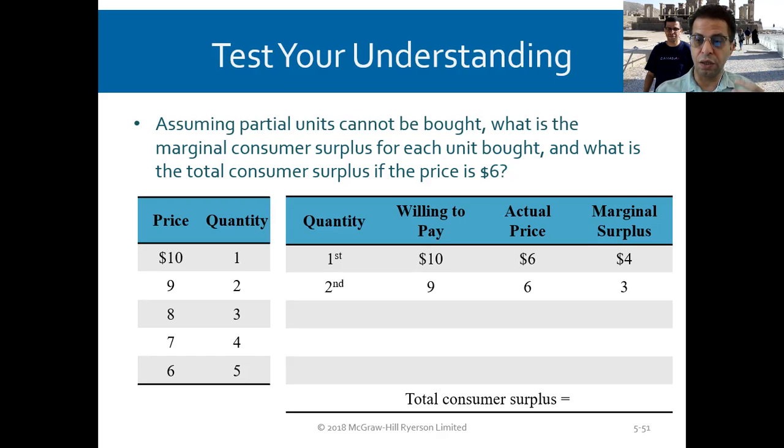The price doesn't change. So you're happier by a marginal surplus of 3, and it goes on until your marginal surplus becomes 0, when you're willing to pay only $6. You add the marginal surpluses, and the total is the total consumer surplus, over 10 units.